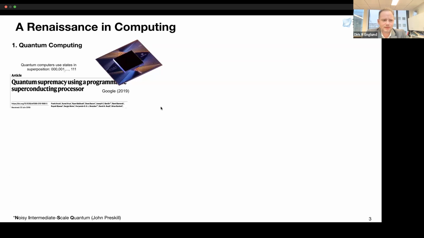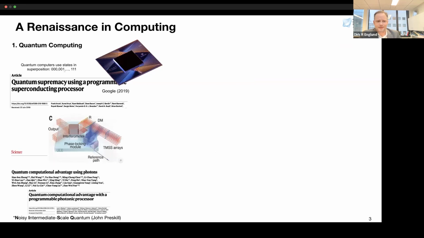Google in 2019 claimed that they had reached what they called quantum supremacy, a milestone on a sampling problem on a circuit of superconducting resonators coupled to nonlinearities, in particular sampling the output of that processor to sample distributions that are exponentially difficult for a classical computer to calculate. So that's one example.